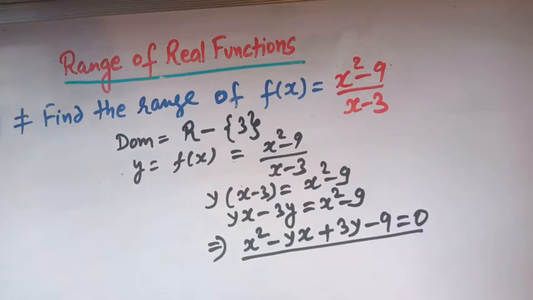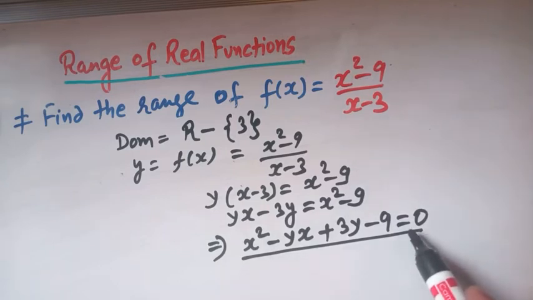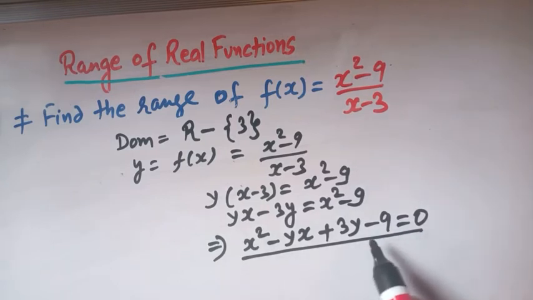Clear? Now this is a quadratic equation in x, and from here we can find the value of x. Clear? So let us solve this quadratic equation. So first we'll solve it by using the quadratic formula.